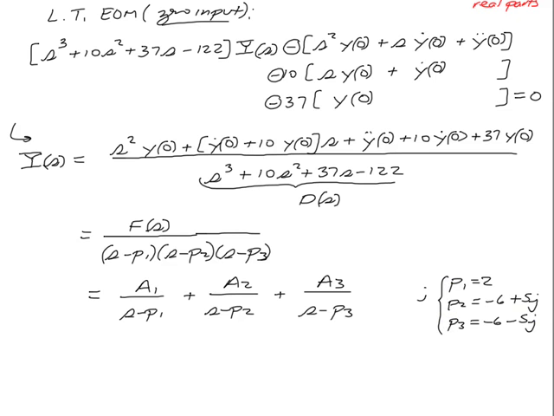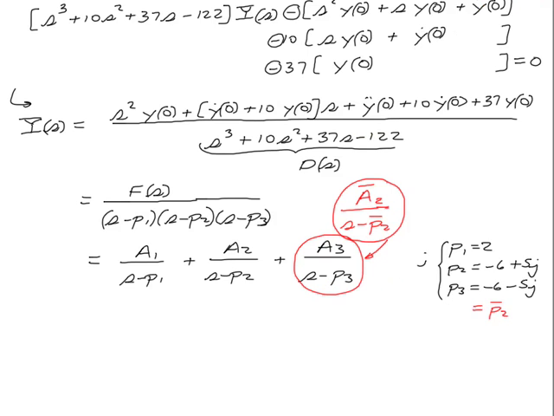But by virtue of the fact that p3 is the complex conjugate of p2, I can rewrite this as the complex conjugate of a2 divided by s minus p2 complex conjugate, as that.